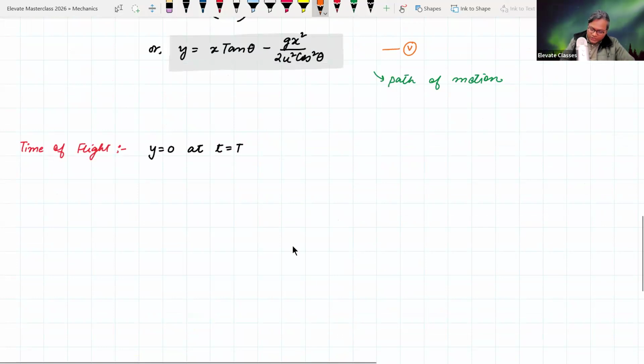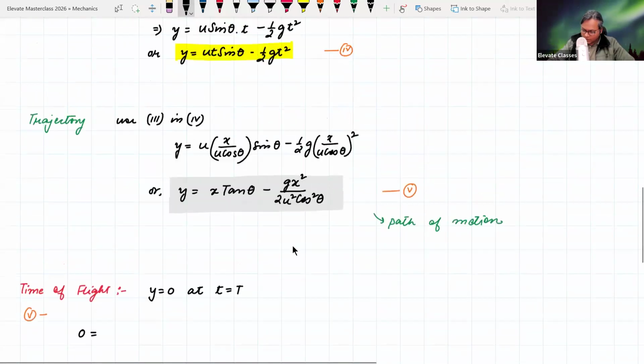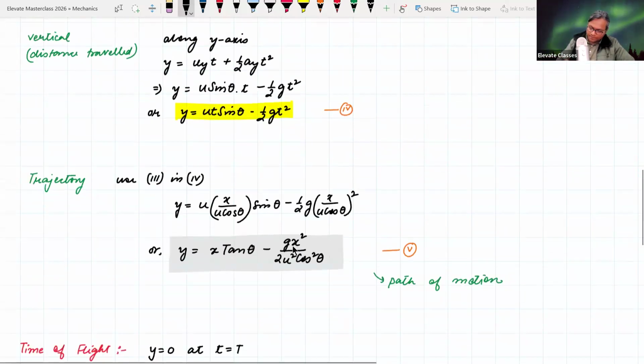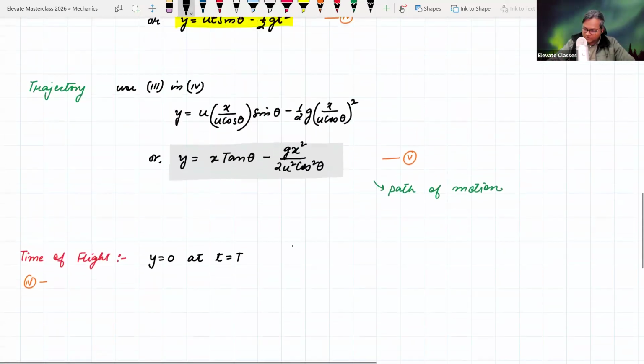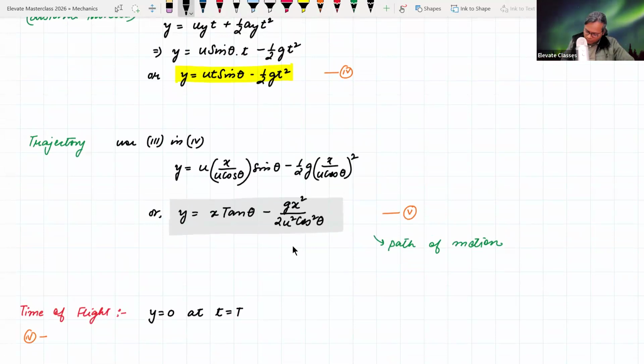So if I use equation number 5, this gives us 0 is equal to, instead of equation number 5 we use equation number 4. So this gives y is equal to 0 is equal to u capital T sin theta minus half g capital T square.